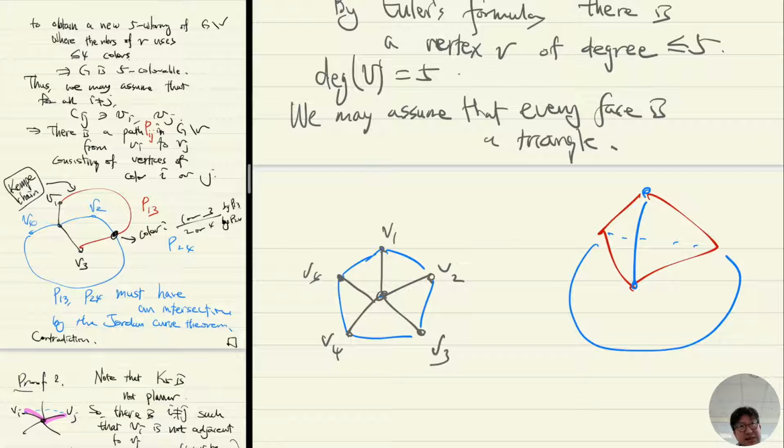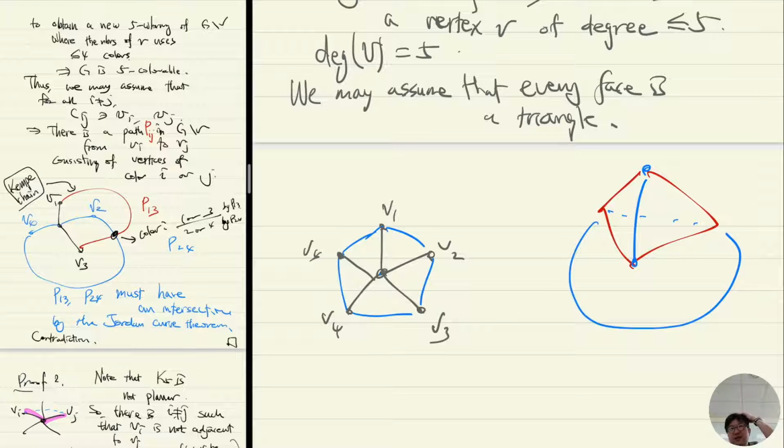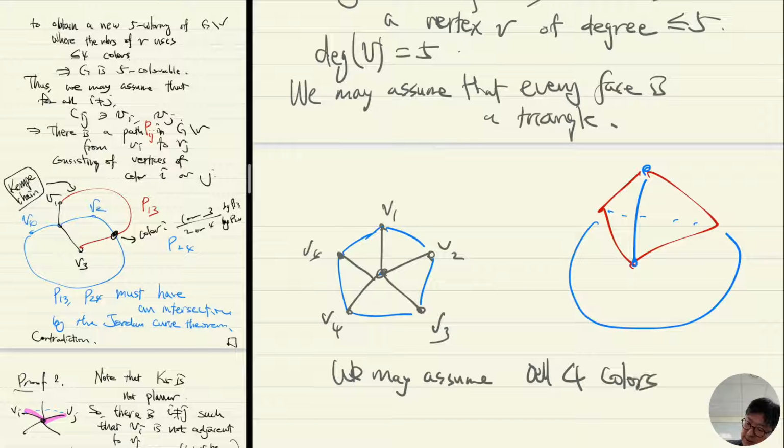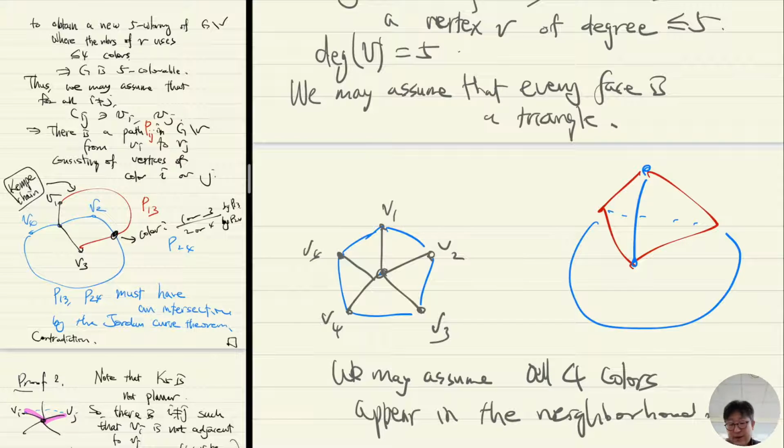Now, if you have a 5-cycle, what we do is the following. Since all these 5 colors, we may also assume that all 4 colors appear in the neighborhood, right?